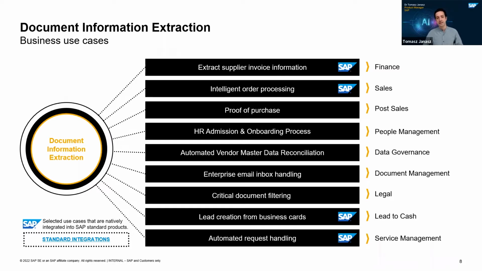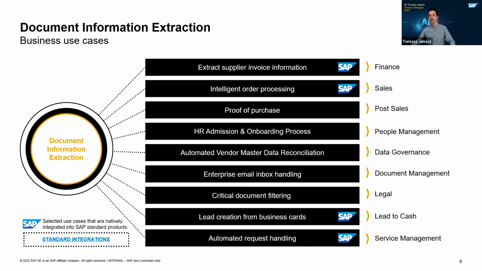By the way, there are selected use cases, which you can see on this list, that are already natively integrated into our SAP standard products. Wherever you see this SAP logo here, there is an SAP product which already integrated document information extraction to provide this seamless experience.